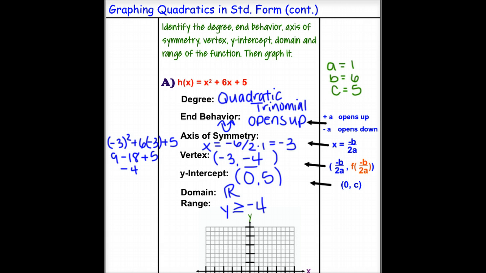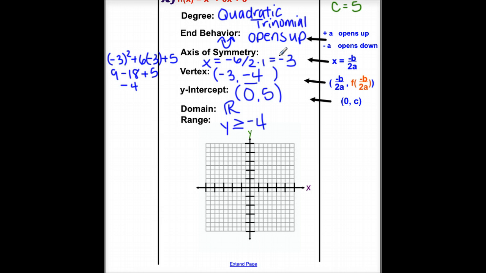I'm going to start with drawing in my axis of symmetry. And our axis of symmetry is at x equals -3, and then I'm going to proceed with graphing -3, -4, and we have a y-intercept of 0, 5.